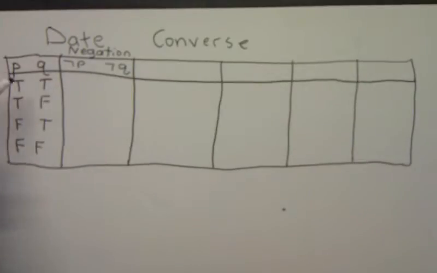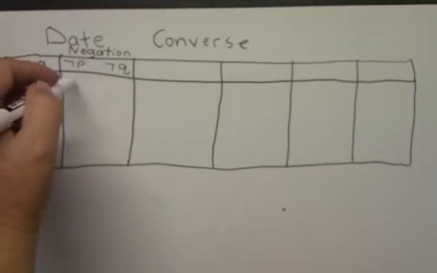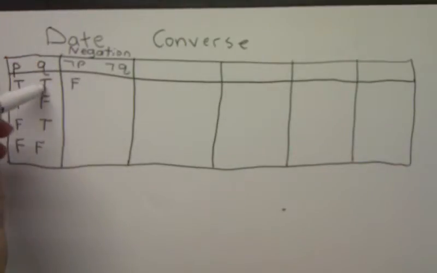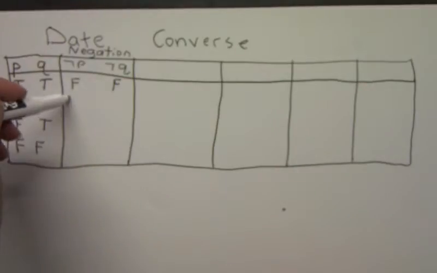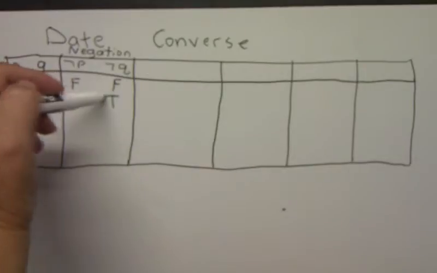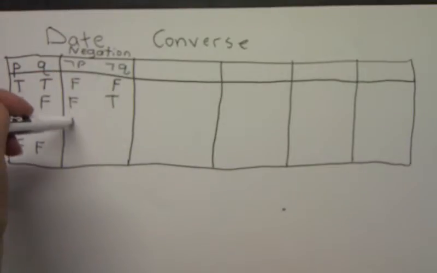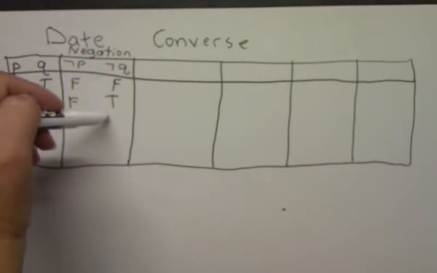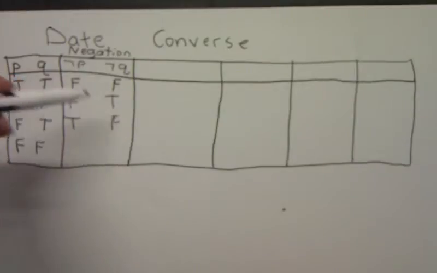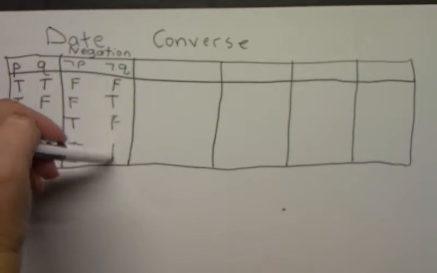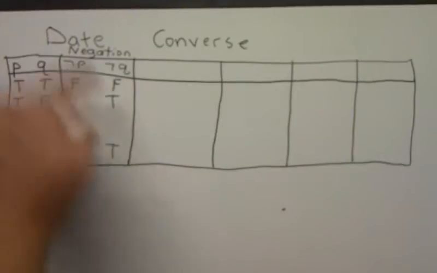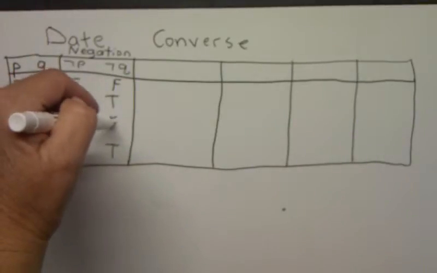We just write the opposite. So if P is true here, here it will be false. Q is true here, so here it will be false. P is true here, so here it will be false. Q is false here, so here it will be true. P is false here, so here it will be true. Q is true here, so here it'll be false. So negate means we just do the opposite. Those are both false, so over here those are both going to be true. And that's a horrible F, so I'm going to redo my F.